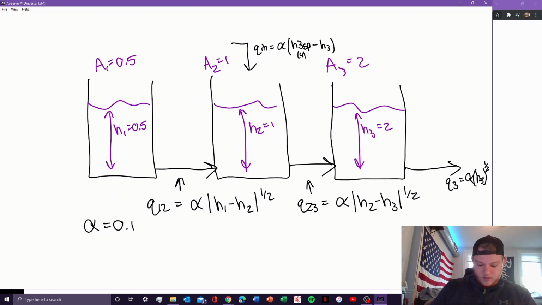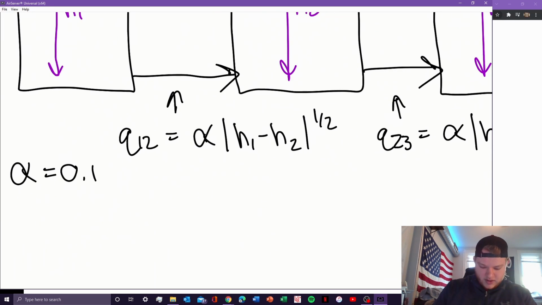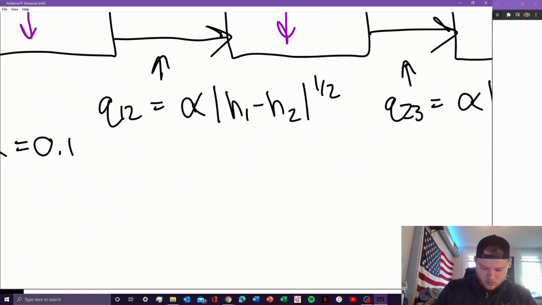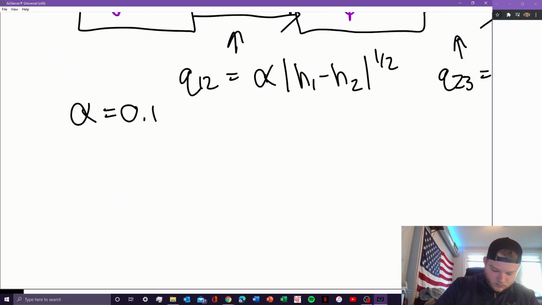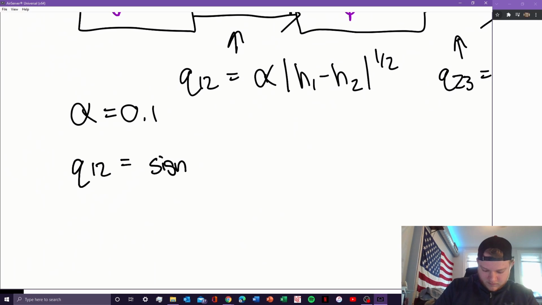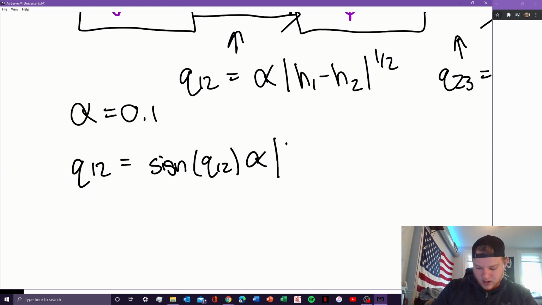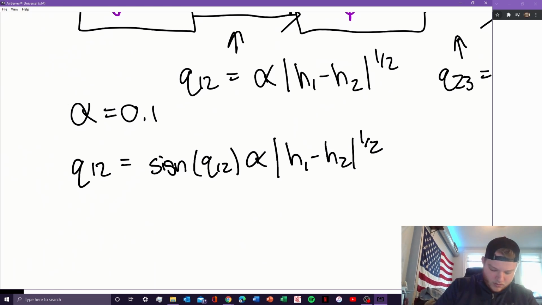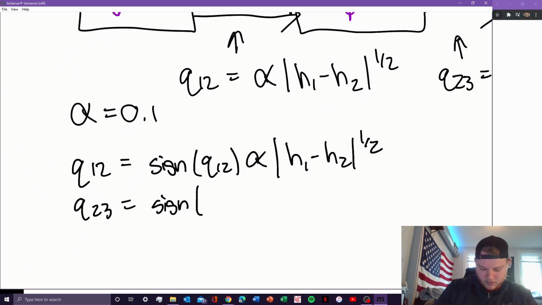So the flow between 1 and 2 is equal to the sign of the difference times the constant times the square root, and the same for the flow between 2 and 3.